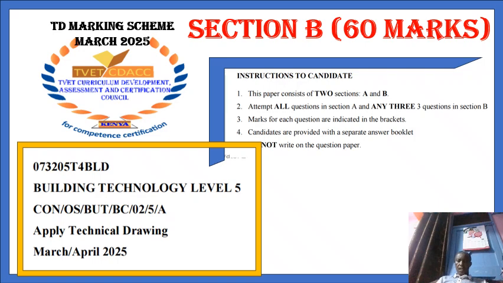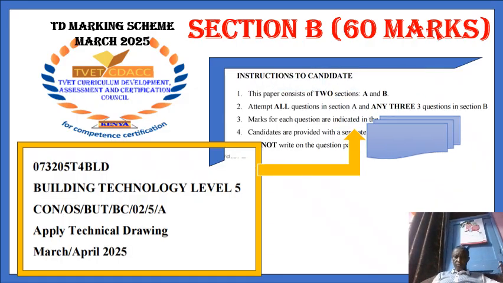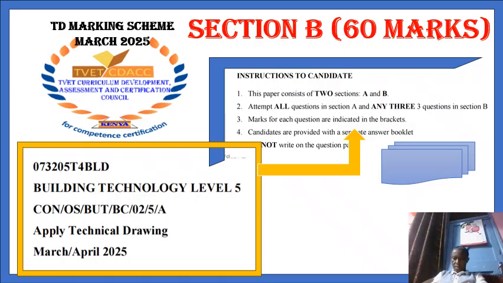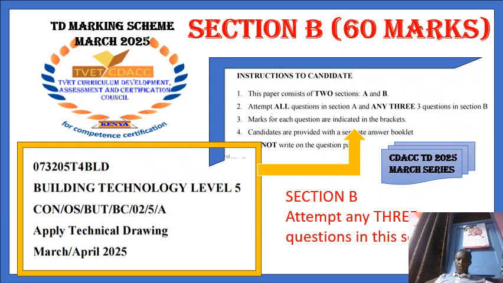So let us go into it. A CDACC TD paper 2025 March series, section B, attempt any 3 questions out of the 4 questions that are given.